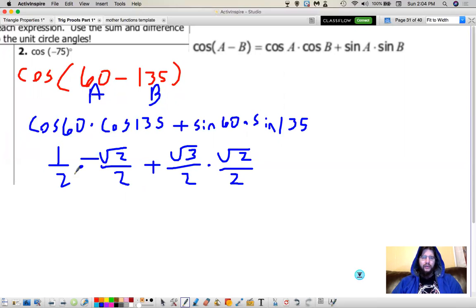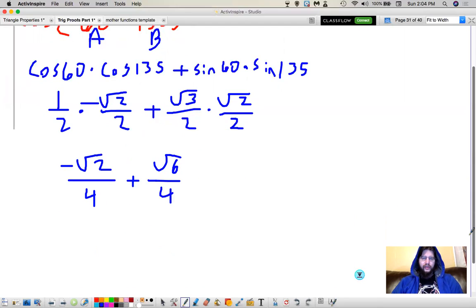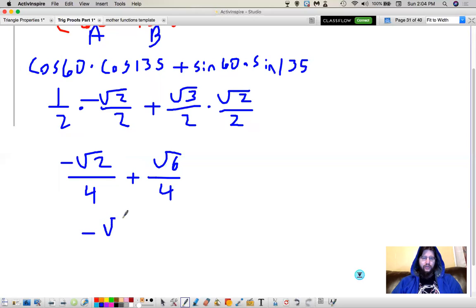Again, just multiply these fractions together and combine them with the common denominator. Negative square root of 2 over 4 plus square root of 6 over 4. And we have negative square root of 2 plus square root of 6 over 4.